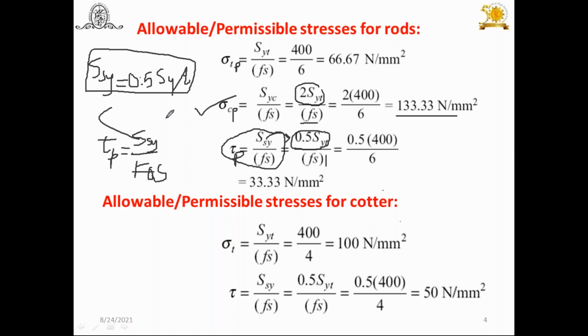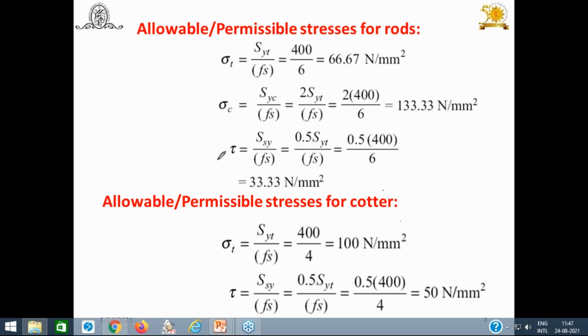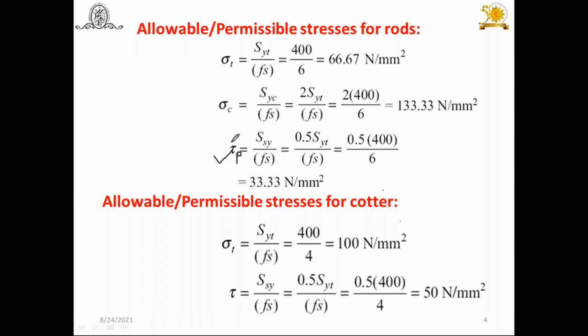If someone asks you to find this tau permissible according to distortion energy theory, you can use 0.577 SYT. Remember these things. So by using this, you can find out shear stress permissible, crushing stress permissible, and permissible tensile stress. Once you know these permissible stresses, you can find out the permissible stresses for the quarter.